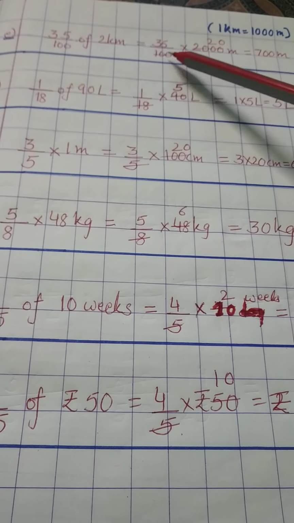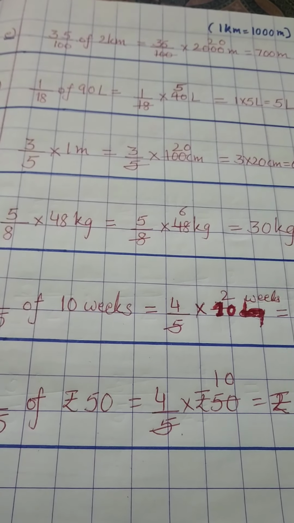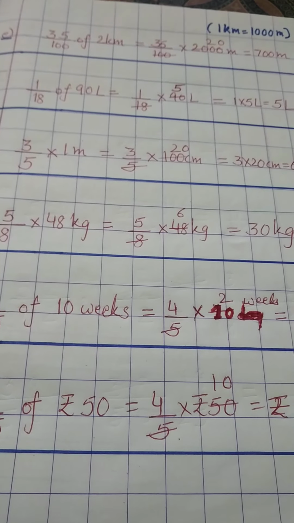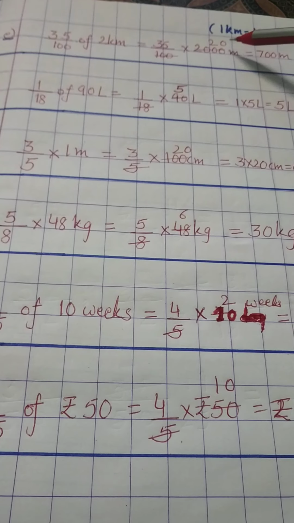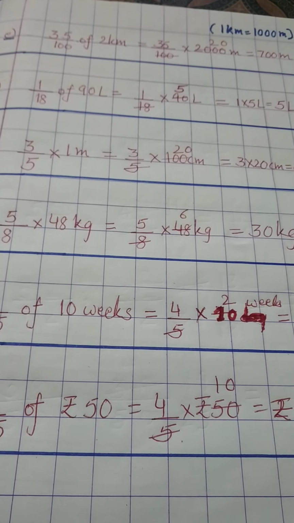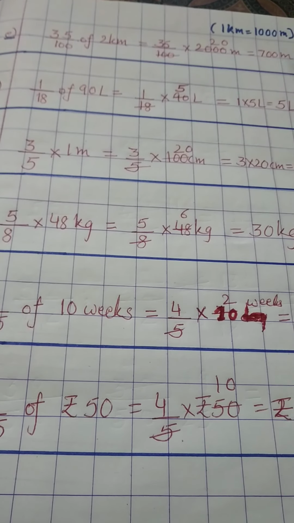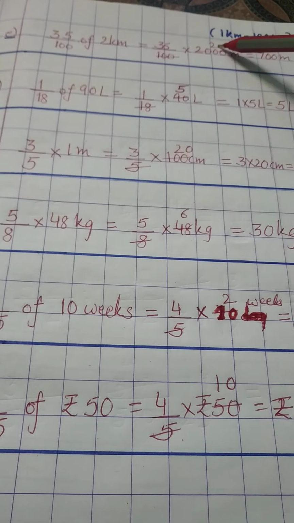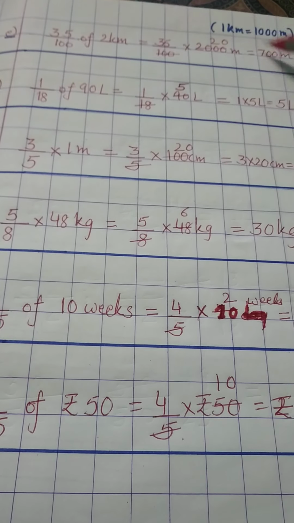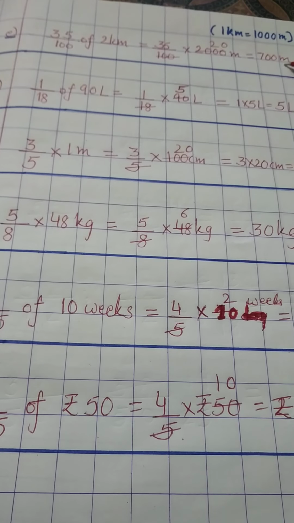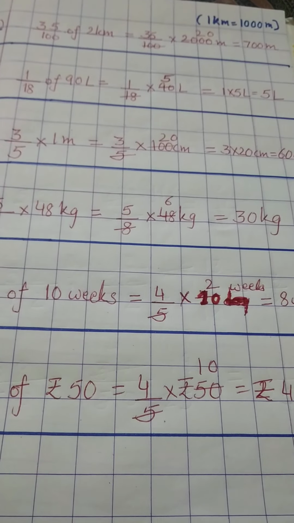So we will write 35/100 into 2000. 100 twos are 200, or you can do the calculation according to you. So here 35 twos are 70, and the zeros are there. So 700 meter is the answer. I think you can see.